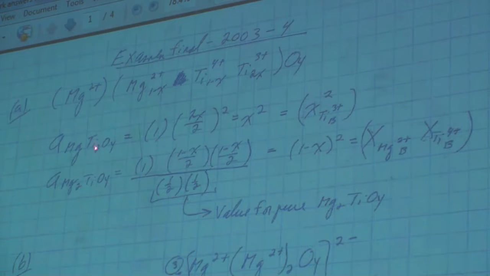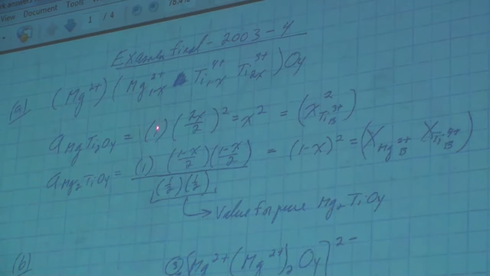The site fraction of magnesium on the first lattice is 1. The site fraction of titanium 3 plus on the second lattice is 2x divided by the total, which is 2, squared, which would be x squared. So that would be your ideal activity of MgTi2O4 if you just have the ideal mixing term.